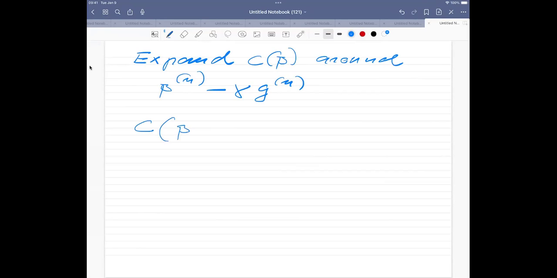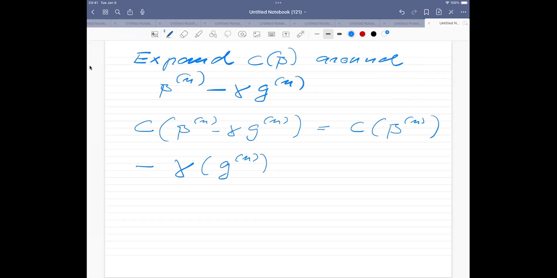So I get a beta of n minus gamma G of n. And this is obviously given by a constant first, beta of n. And there now I have the parameter gamma, and G is a gradient. So I have to be careful now because this is a vector, so I have to take the inner product. So it's not a scalar anymore.